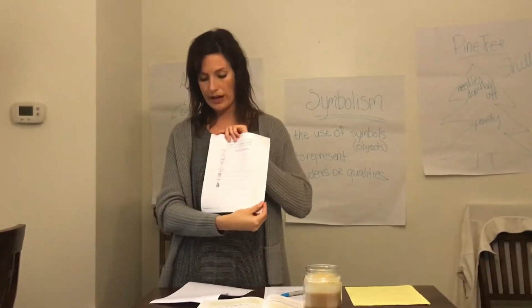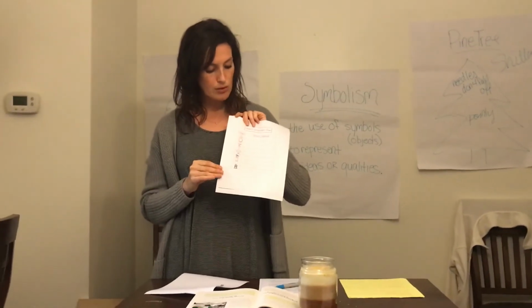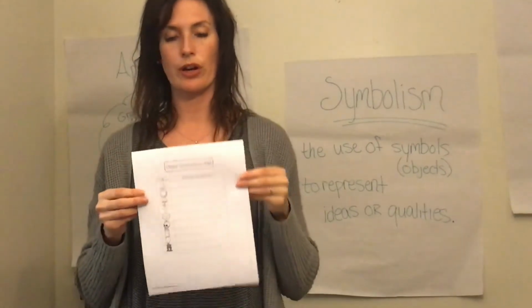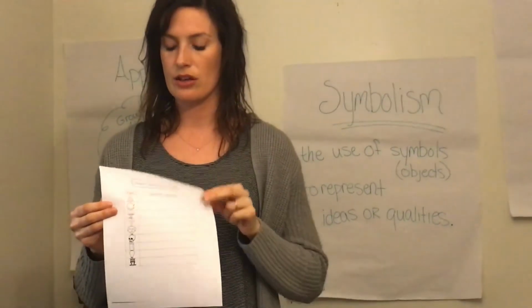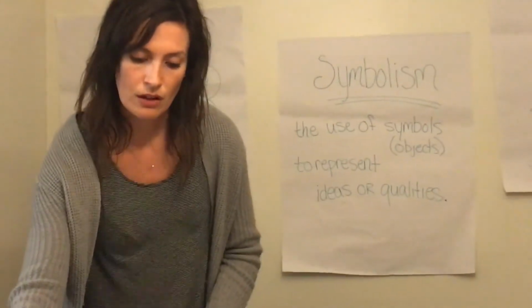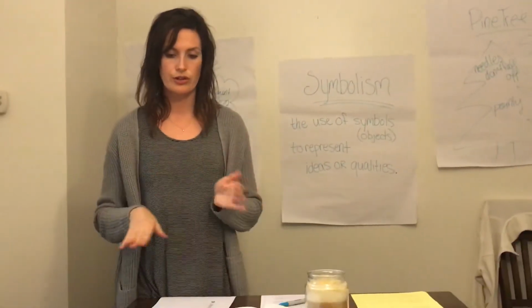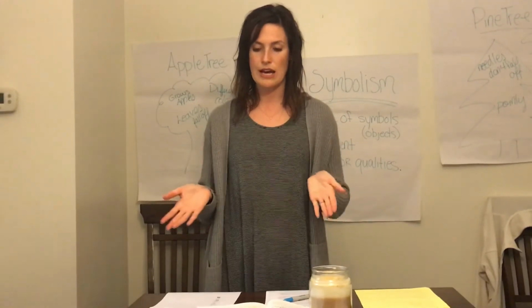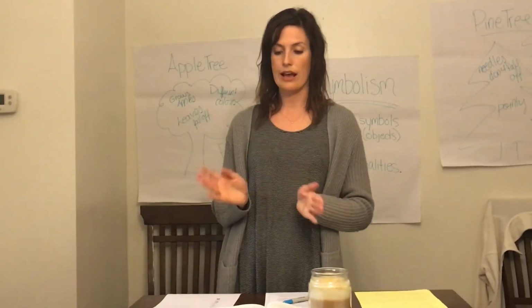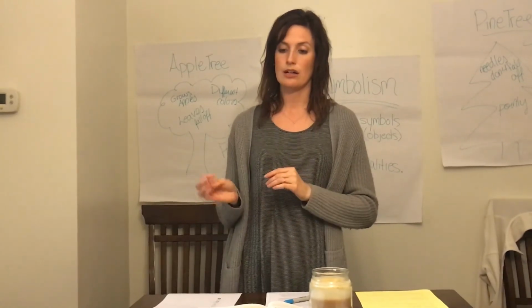So the students would have probably about 15 minutes to work on this, and they could work on it with a partner so that they could understand some different meanings. And we would of course go through all of the meanings together and discuss that as a whole class once they have had time to go over it.